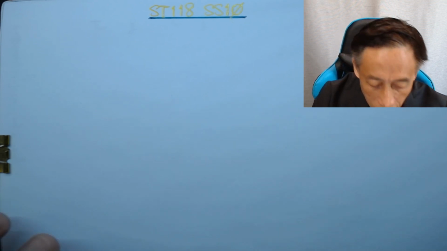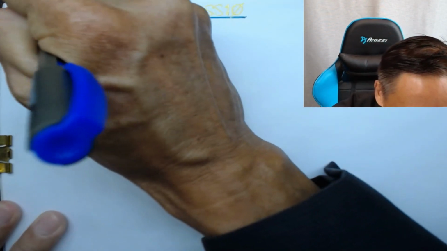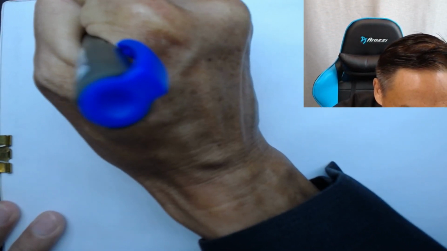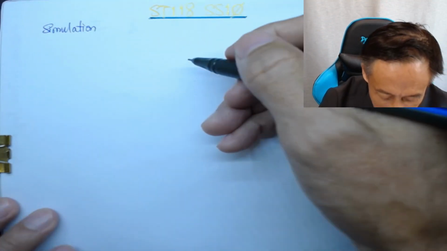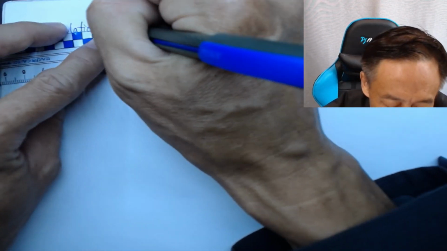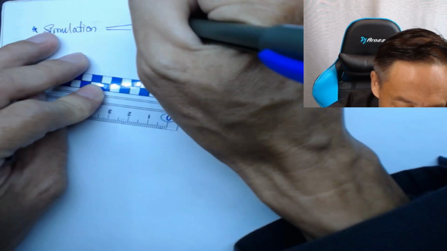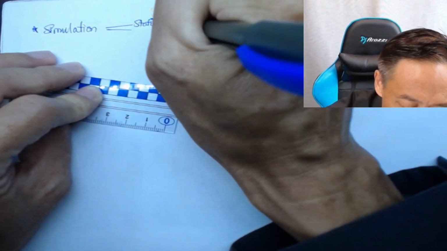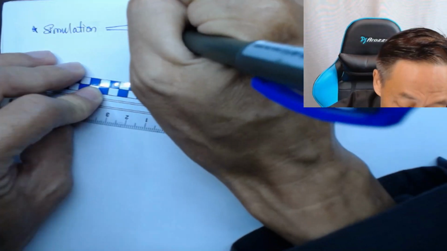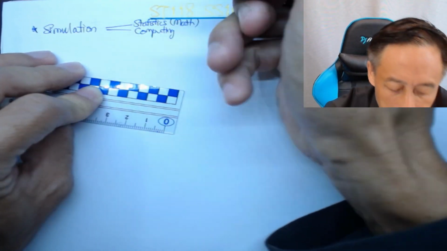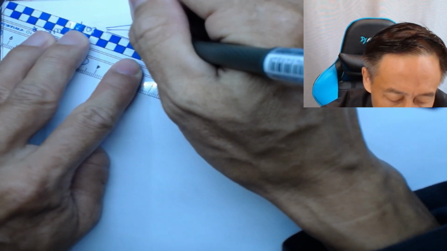Okay, so let's just document a little bit of what I have already said. Simulations. This is the main title, and it's made up of, I would say, three main areas, as I was saying. Statistics, that is math; computing, and that involves hardware and software, right?